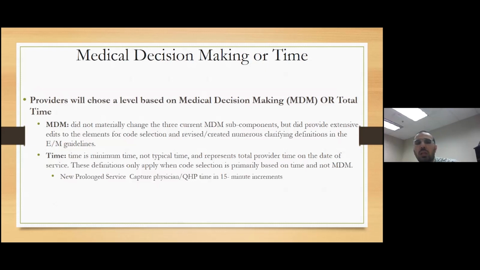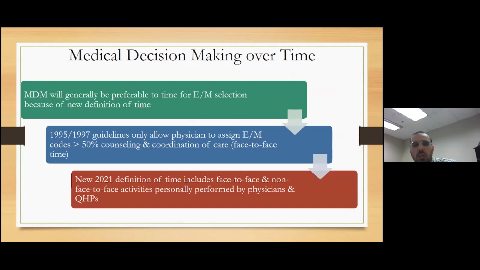The new guidelines have changed, and we do not have to worry about what you are doing with the patients and how you document it. However, you still need to document what is appropriate for medical decision making or time.